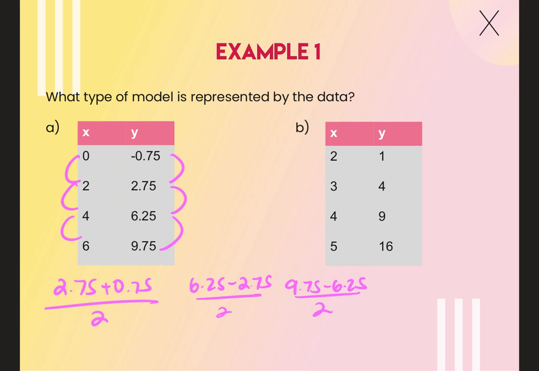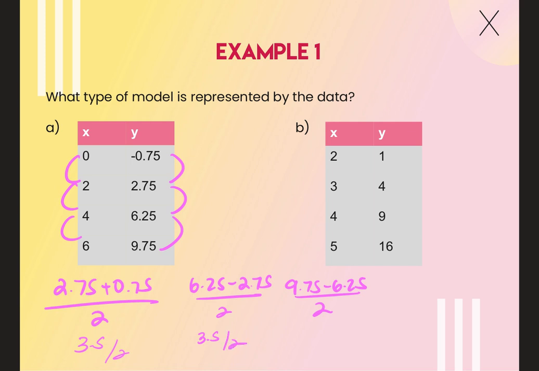So that would be if I wanted to find the rate of change. If I'm finding the difference, first difference, second difference, whatever it is, I just have to do the initial part. 2.75 minus a negative 0.75 becomes plus 0.75, and this difference is 3.5. The rate of change would be over 2, but the difference is 3.5. Then 6.25 minus 2.75 is also 3.5.